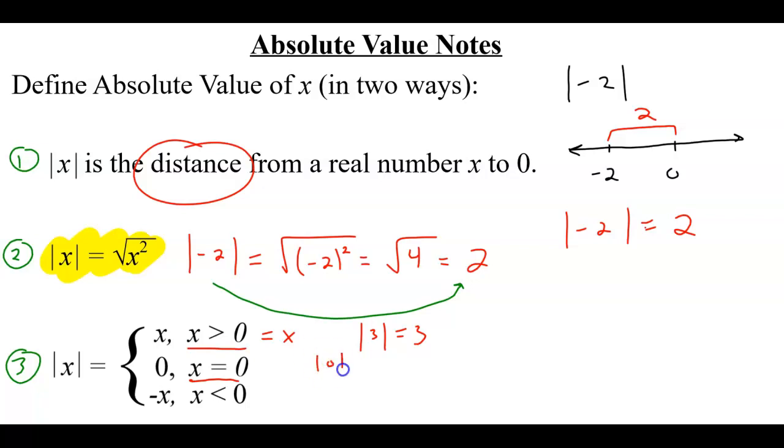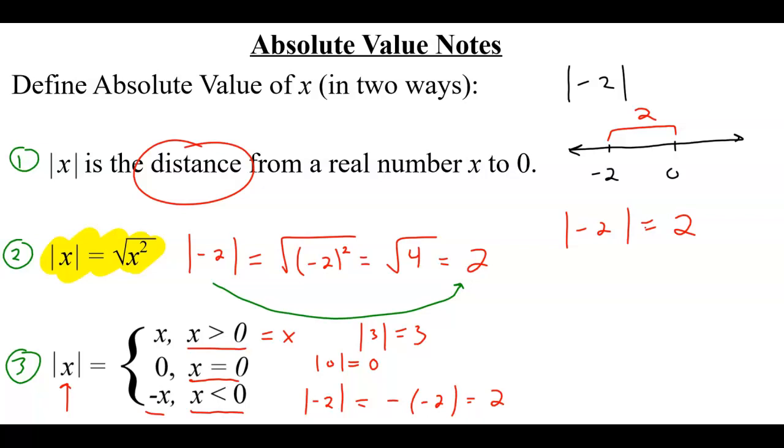In other words, the absolute value of 0 is 0. And lastly, if x is less than 0, you make it negative. So if I have the absolute value of -2, it tells me to make the x value on the inside negative. So negative -2 is +2.